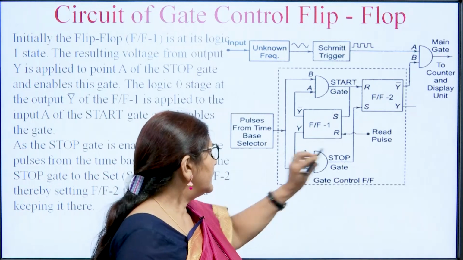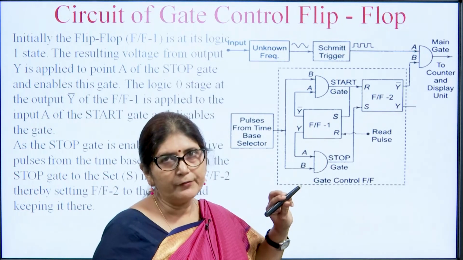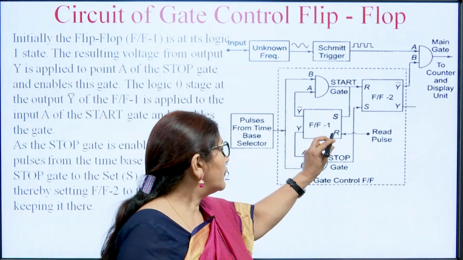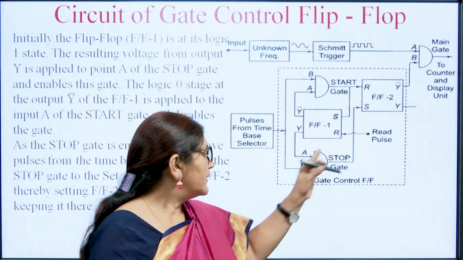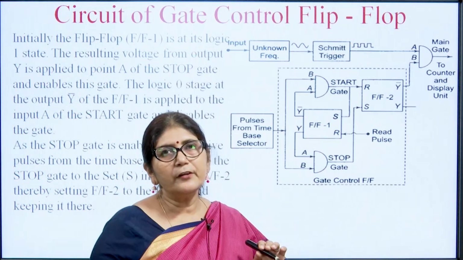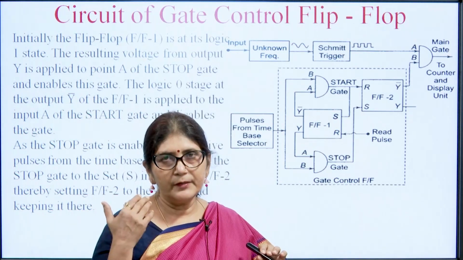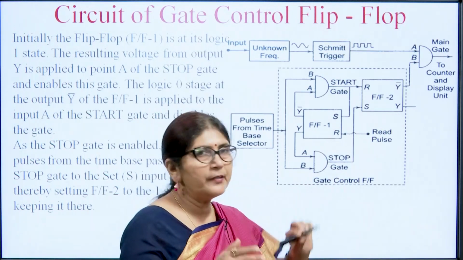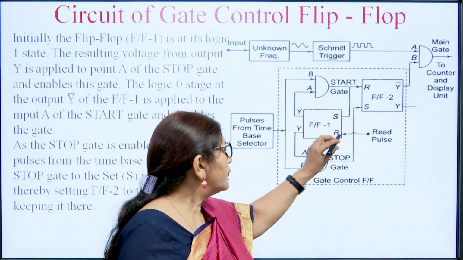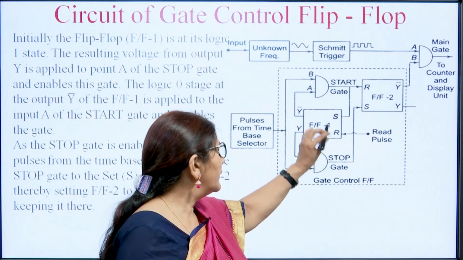Now, when the read pulse is applied to reset the flip flop, it indicates the start of counting the input pulses. When the input pulse appears, the read pulse goes high and resets flip flop FF1.